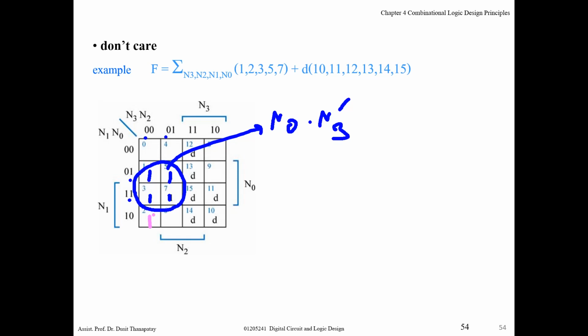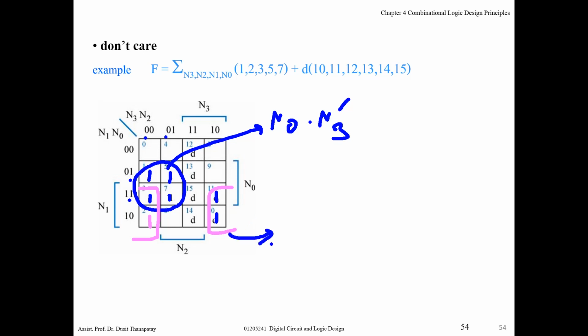But to minimize the function, it's not so good if I select only this one cell. These 2 cells are okay, but not the best. The best one is to select these 4 cells. That means now I consider this don't care as logic 1 output.